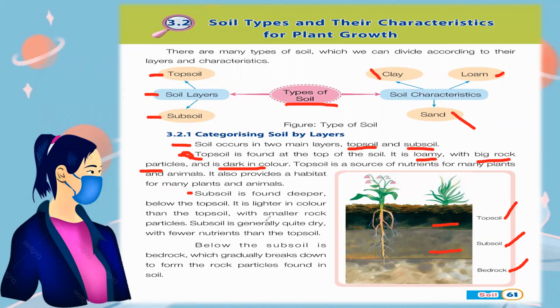Subsoil is generally quite dry with fewer nutrients than the topsoil. The topsoil has a high source of nutrients, but the subsoil has fewer nutrients compared to the topsoil.